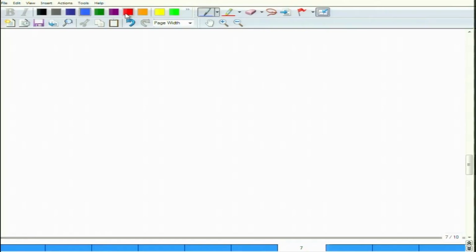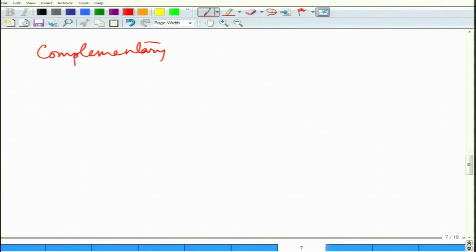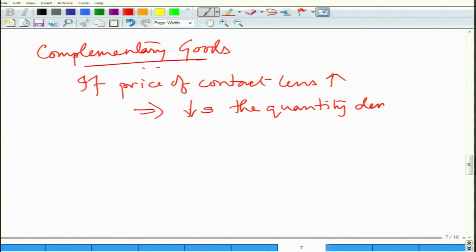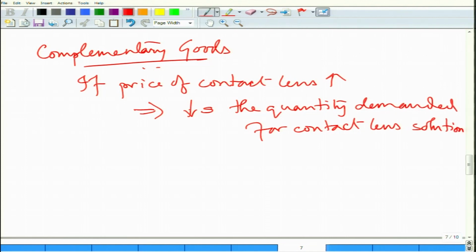Similarly, if we look at the complementary goods, then we can see that if the price of contact lens increases, it eventually decreases the quantity demanded for the contact lens solution.